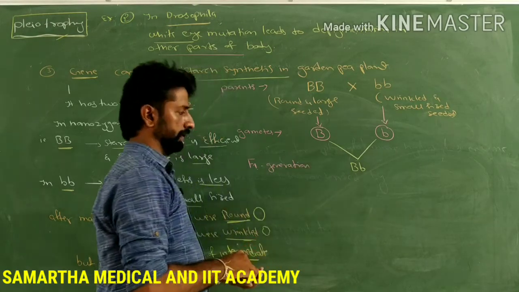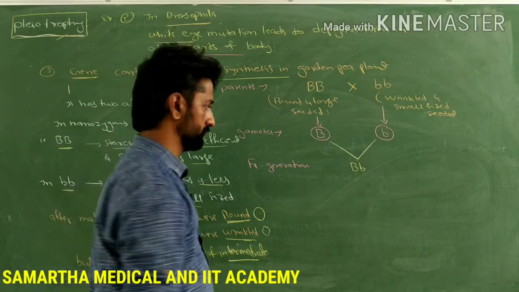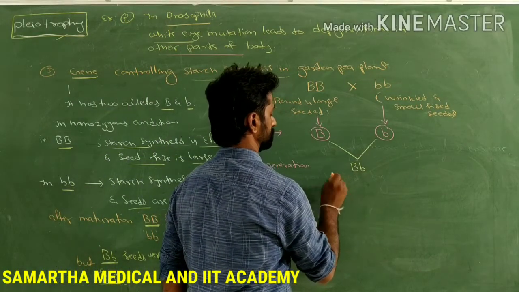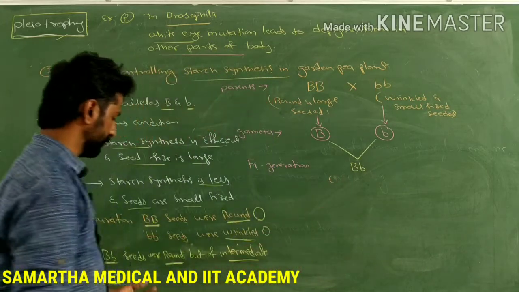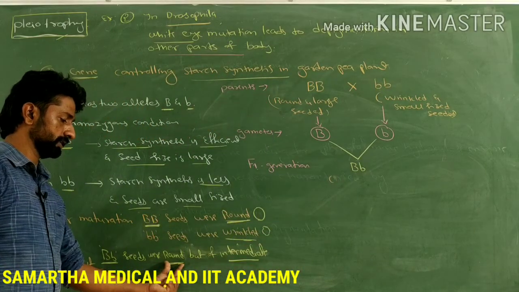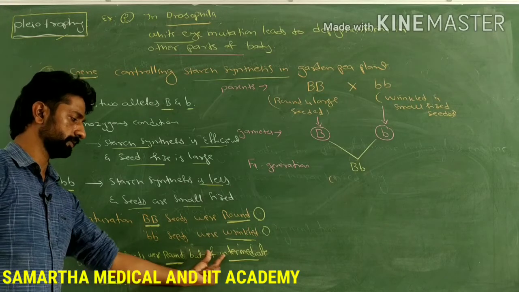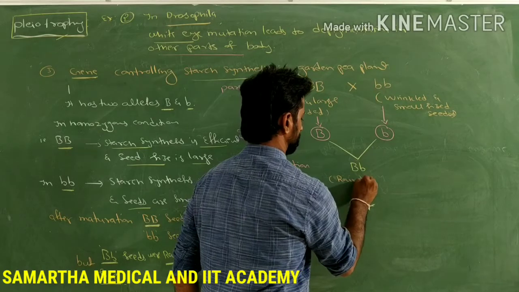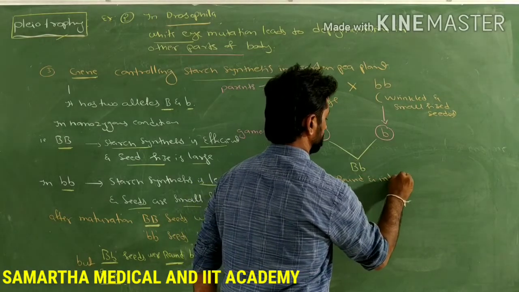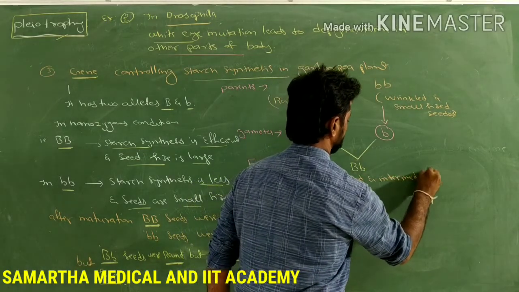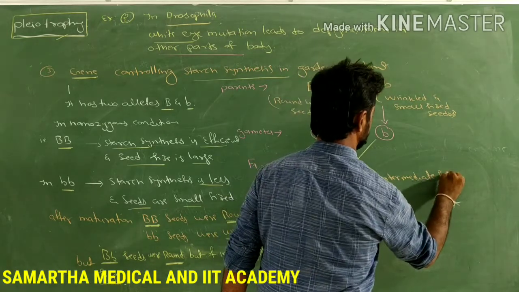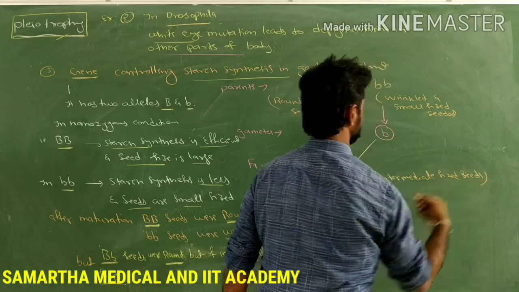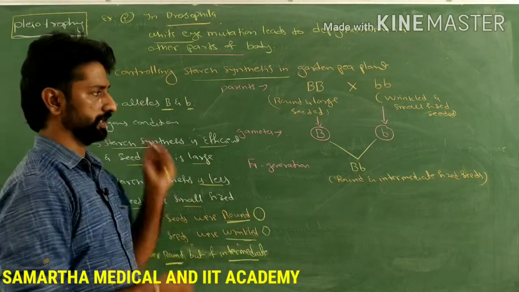All the F1 offspring are heterozygous. So what is the phenotype of the heterozygous here? Shape will be round but intermediate sized, right? Round and intermediate sized seeds were produced in the F1 generation.